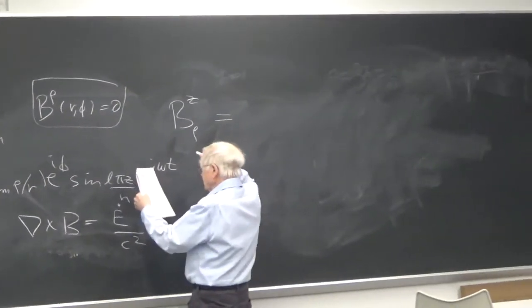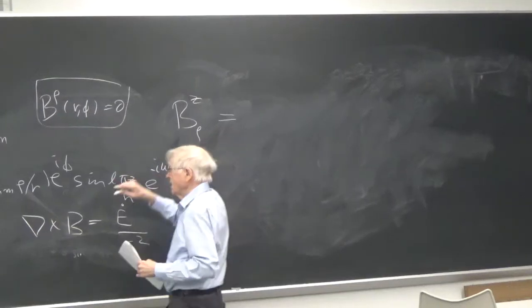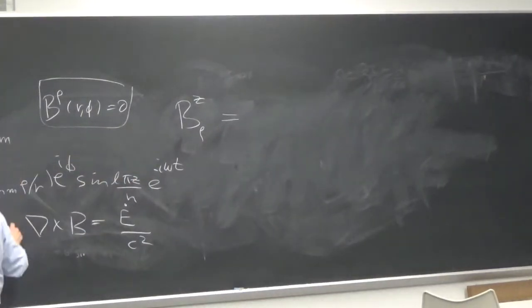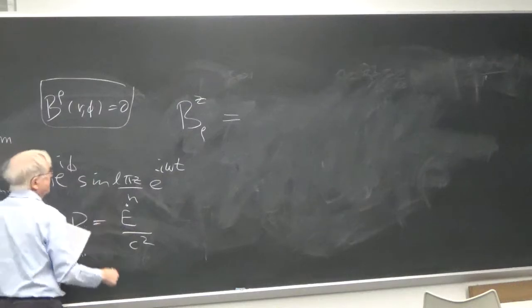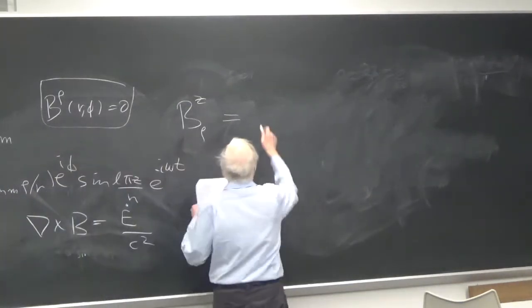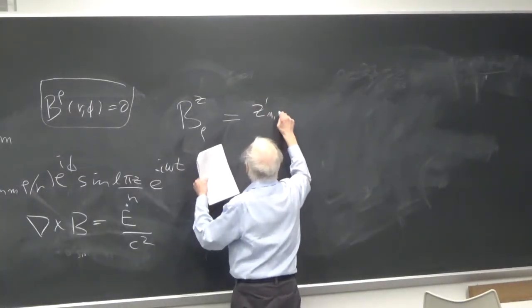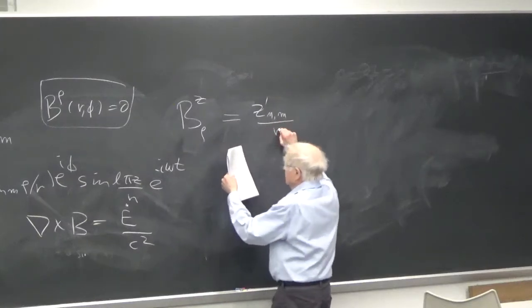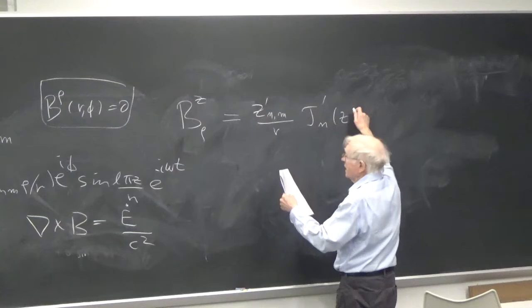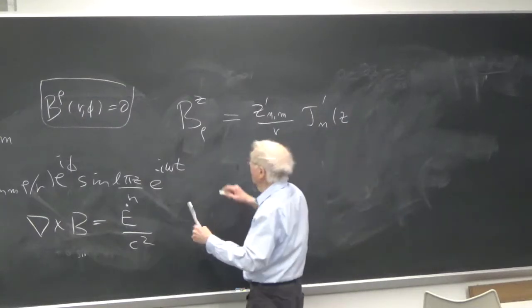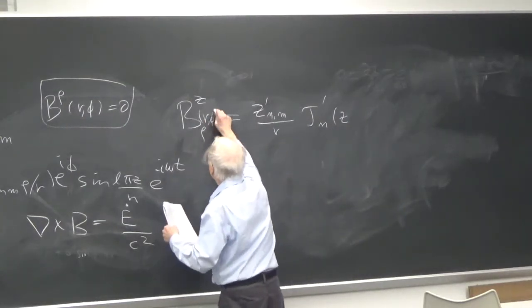And if we compute that rho derivative, since BZ is given by this, it just tosses out the factor of J prime N M rho over R, and the rest of it remains the same. So this is J prime N at R and phi.